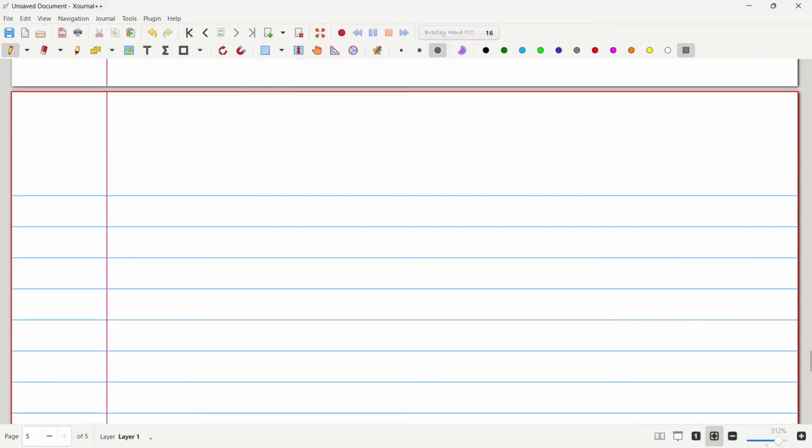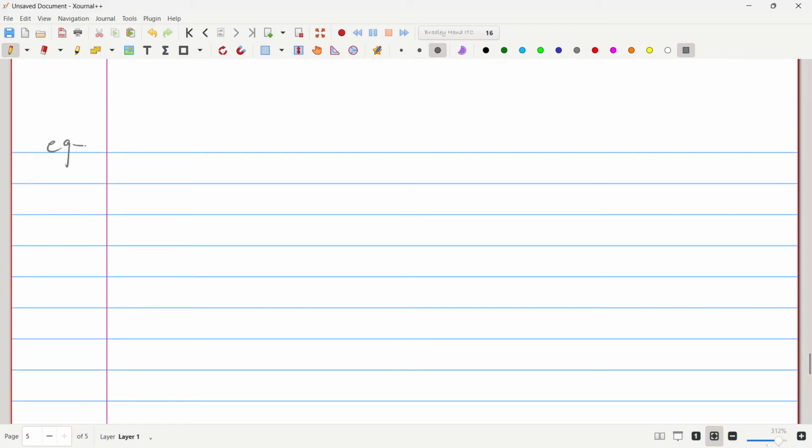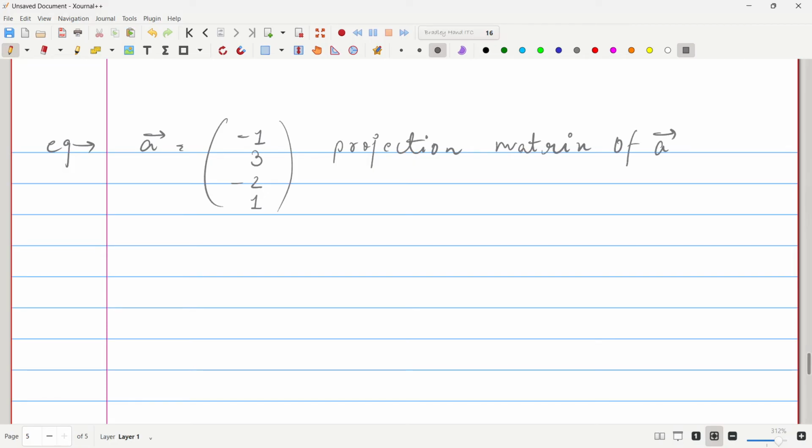If I take an example, we have a vector A equal to -1, 3, -2 and 1. We want to find the projection matrix of A vector. So what is the formula of the projection matrix?